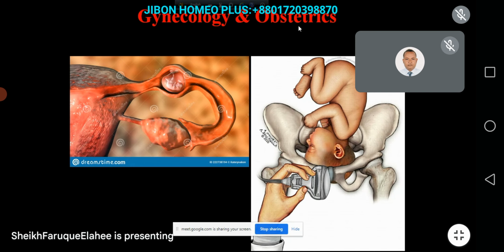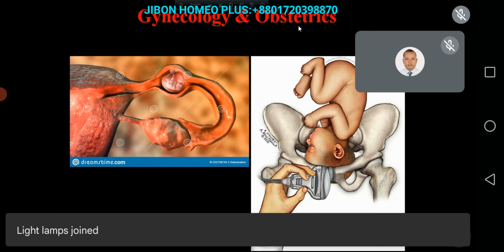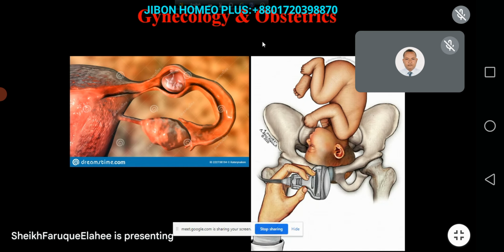But the thing is, it is there in the books but not in practice. You have a syllabus of obstetrics and gynecology, but there is no training of obstetrics and gynecology in the college, even in the government homeopathic medical college. If some of our students or teachers are here, they know there is an obstetrics and gynecology department.